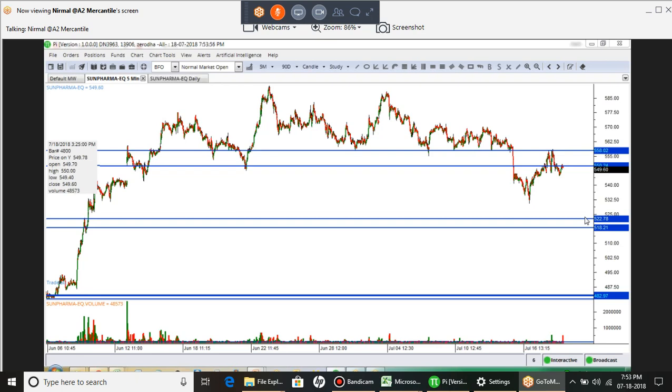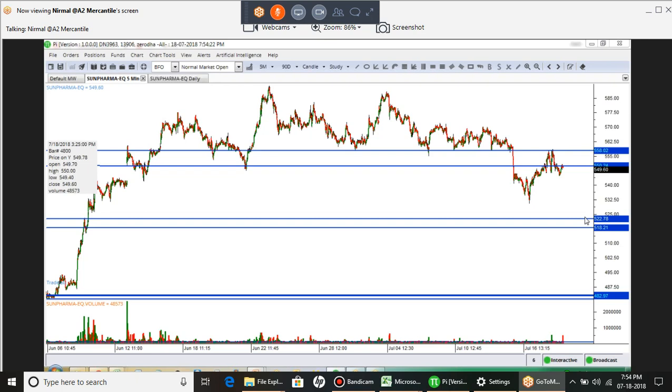Say I sold one lot, and 1000 is the lot size. I'm trading for 30,000 rupees, which is more than 100% return on capital based on the margin requirement.